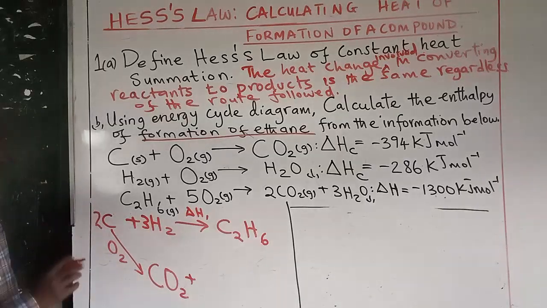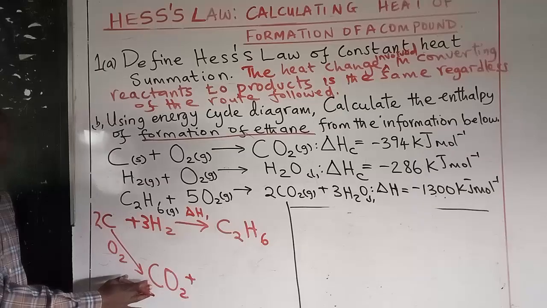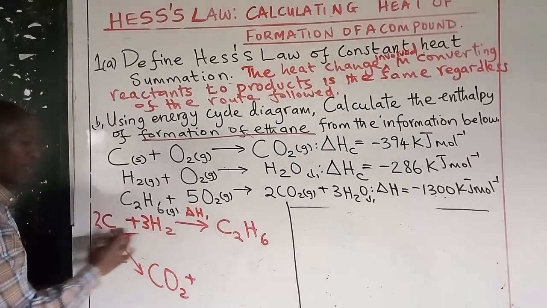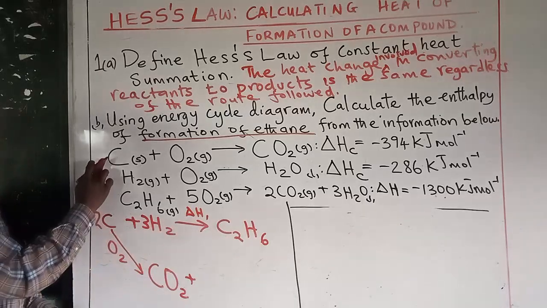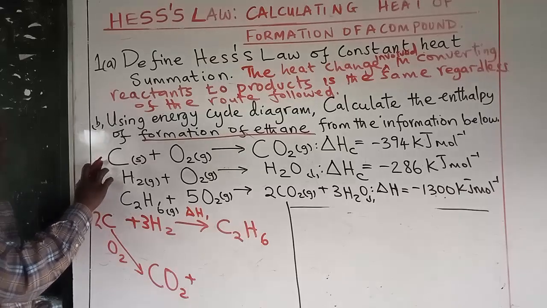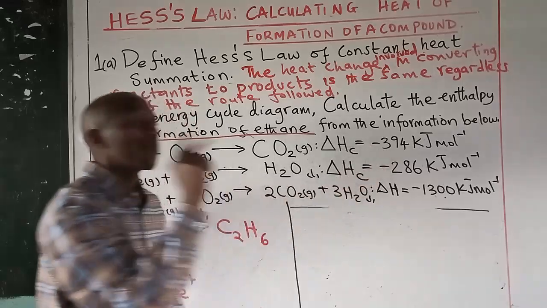However, we need to be very careful here. We have 2 carbon atoms in the reaction. In the formation of ethane, we have 2 carbon atoms. However, we are told when 1 carbon atom undergoes combustion, it releases 394 kilojoules for every 1 mole.